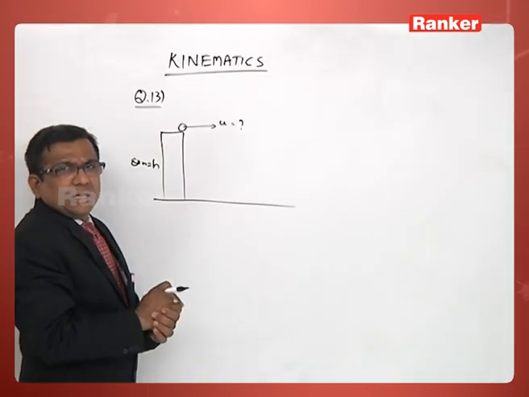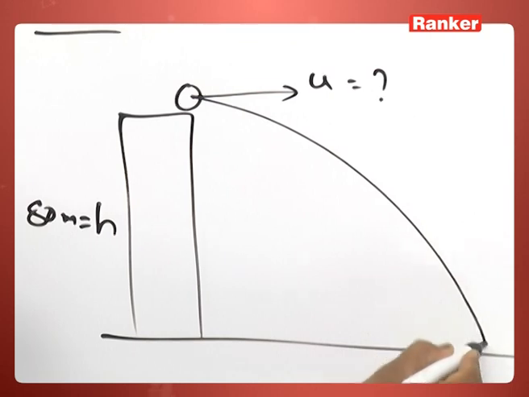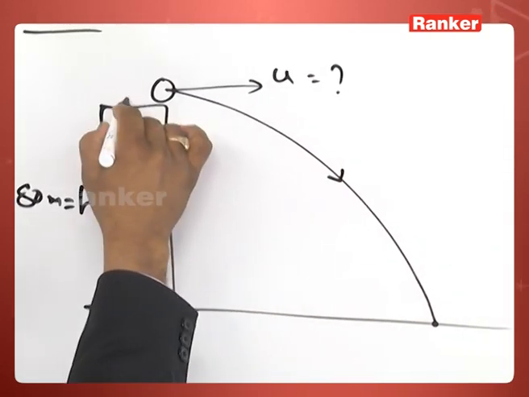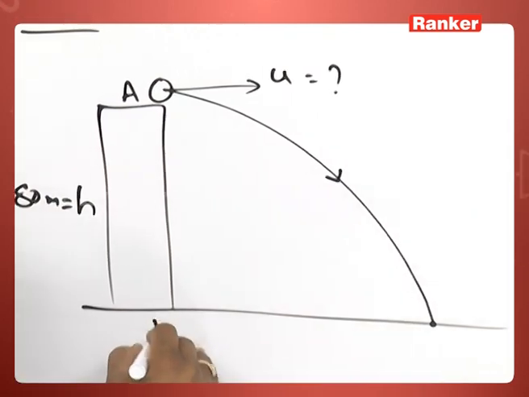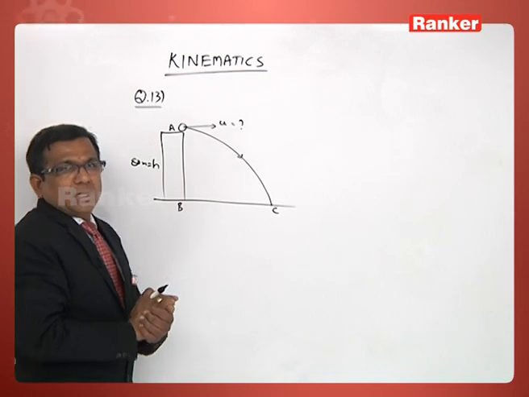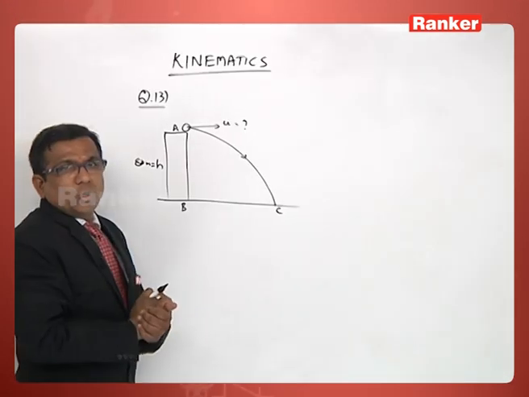It strikes the ground at a distance. It reaches the ground in a parabolic path and strikes here. From A you are throwing the body, B is the foot of the tower, and say C is the point where it strikes the ground.